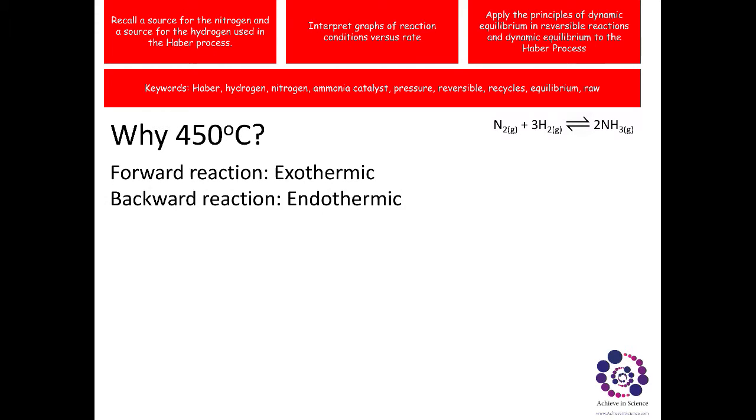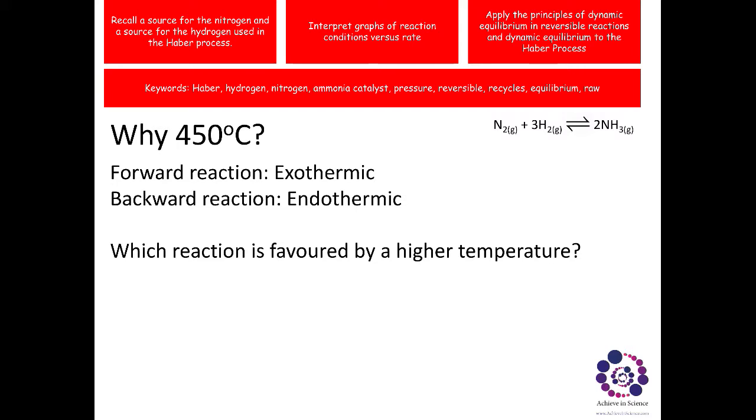Now let's go through the conditions. If you remember, this takes place at 450 degrees Celsius. This is because the forward reaction, where the nitrogen and hydrogen react together, is an exothermic reaction. The backward reaction, where ammonia breaks down to form nitrogen and hydrogen, is endothermic.